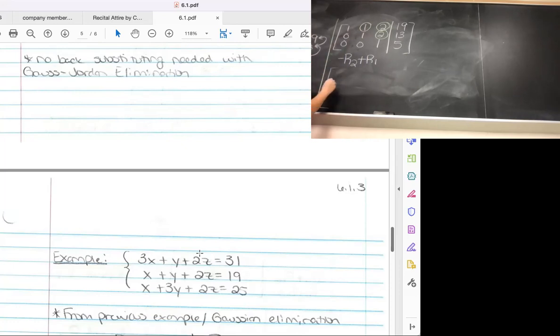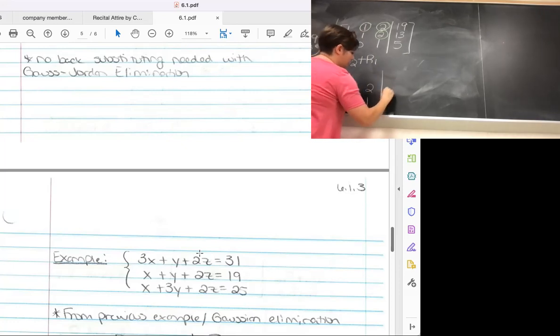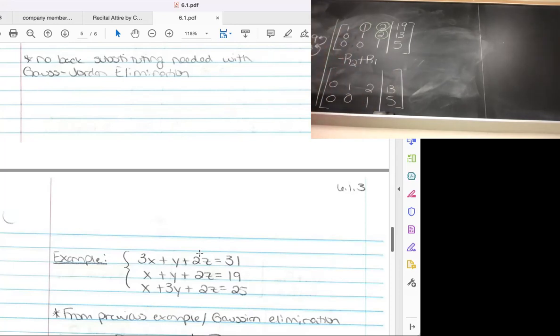So row 2 and row 3 are going to stay exactly the same. Now I'm taking negative times row 2 and adding it to row 1. Negative times 0 is 0. Add that to 1, you get 1.